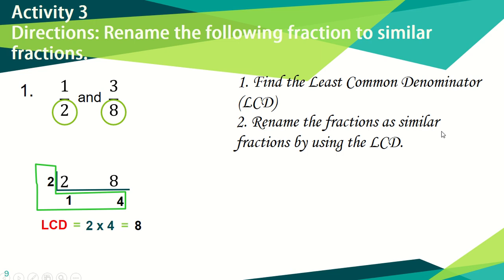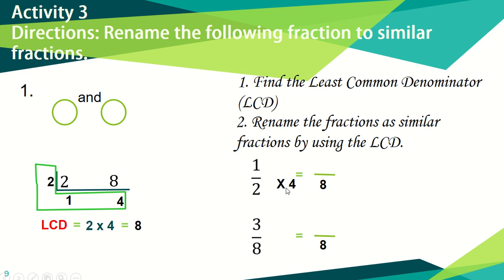Rename the fraction as similar fractions by using the LCD. So, yung 1/2 at yung 3/8. Saan galing yung 8? Ito yung LCD. Ginawa nating bagong denominator. So, think, in what number will you multiply 2 to get 8? Yes, 4.